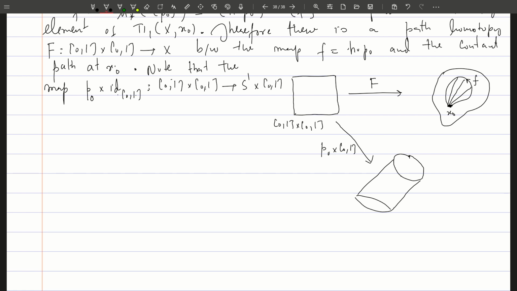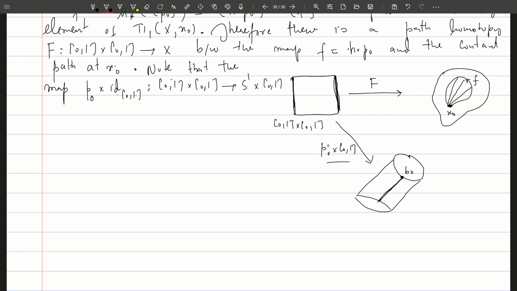Suppose this is the point b naught, then this map sends this line to this line, and this line again to this line, because p naught of this line is b naught, and p naught of the points on this line is again b naught.